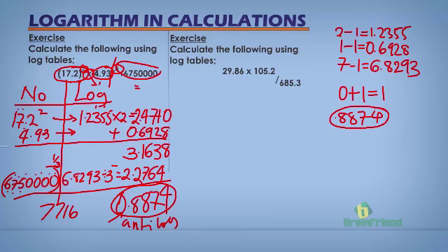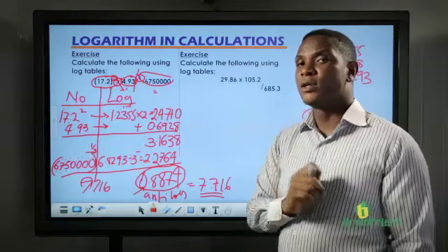But remember, we had said that we have 1 digit before our decimal point. It means that we'll move our decimal point 1 step only to have our final answer as 7.716. Let's take a look at our second exercise here.